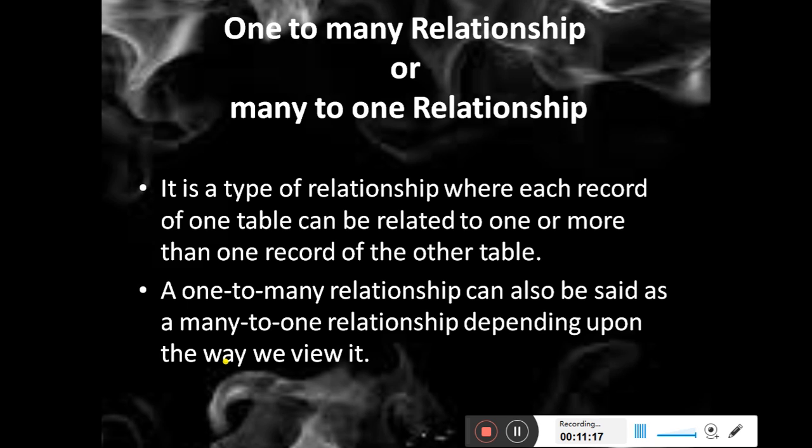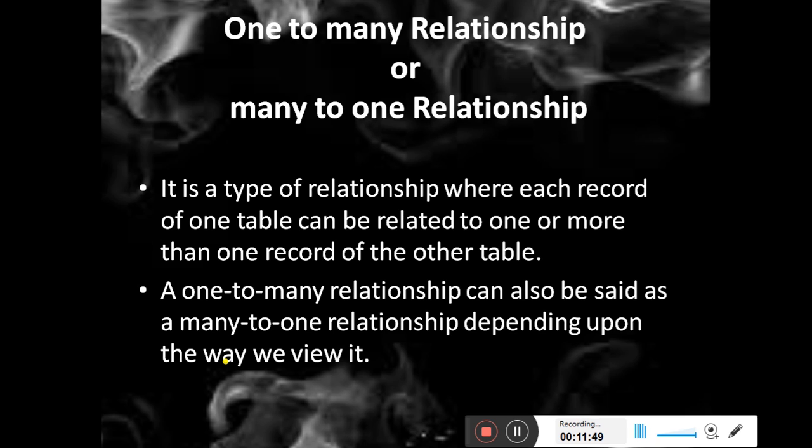So this is the type of relationship where each record of one table can be related to one or more than one record of another table. A one-to-many relationship can also be said as many-to-one relationship. Why is it called many-to-one relationship? Because when we see it, many accounts are related with one customer.